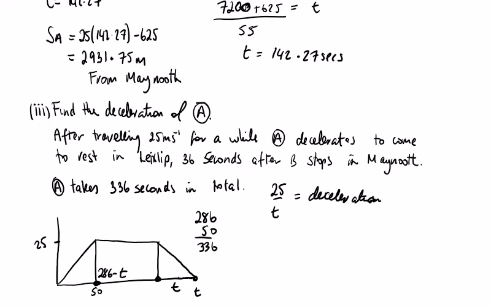So we have the total distance is 7,200, so we can use the area of 1, 2 and 3. So half 50, this is number 1, half 50 by 25 is the area of the triangle. 286 minus t times 25 is the area of number 2, and the area of number 3 is half of t by 25.